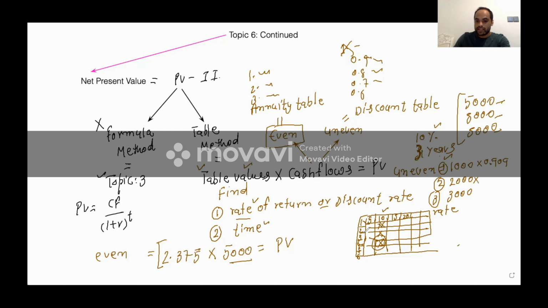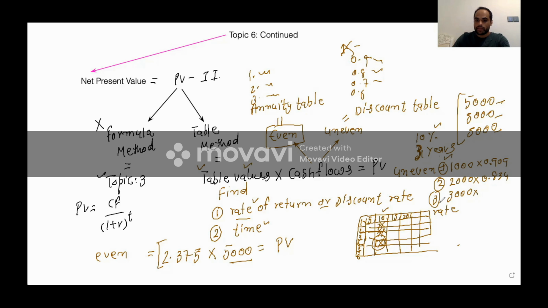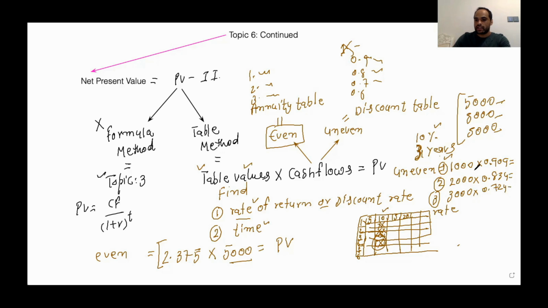Multiply by the second year, 10%, and the second year is here, let's say 0.834. It's just a random number; I will show you later in your table. The third year, rate is 10%, year is 3, so this value, let's say 0.724. Now you multiply these numbers with the cash flows and add them all. This is your present value.